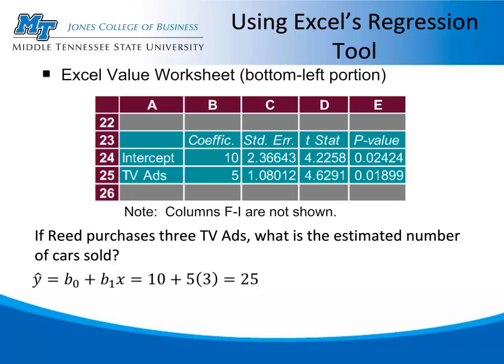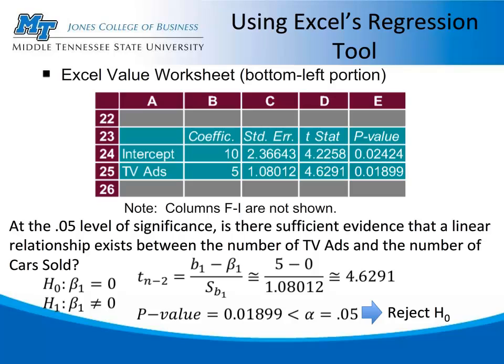So the y-intercept is 10, the slope is 5. And you want to figure out what's the estimated value for y if x is equal to 3. So you just plug in 3 for the x. So we'll have 3 times 5, which is 15. You add the 10, you get 25. So we expect to sell 25 cars if there are 3 TV ads.